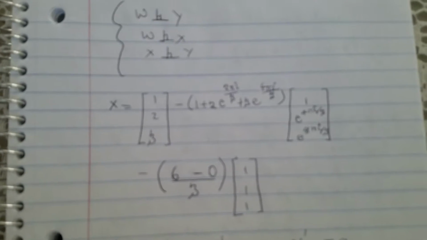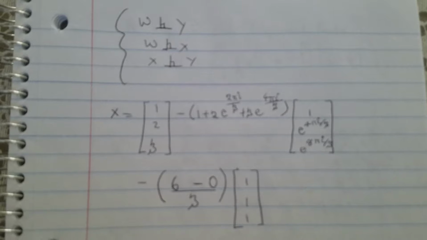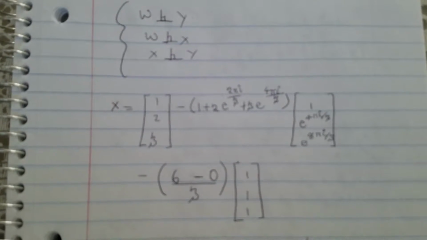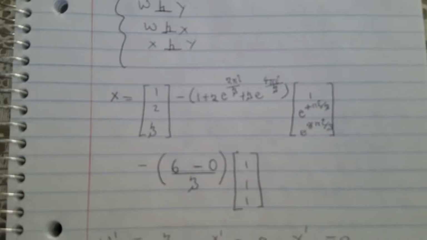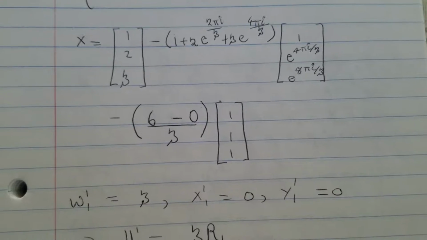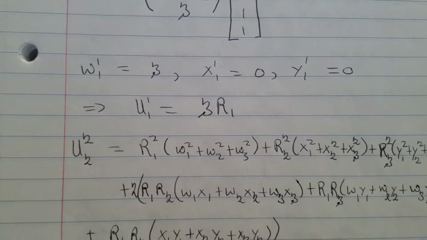So we have these relationships. So W is orthogonal to Y, W is orthogonal to X, X is orthogonal to Y, and this is the simplified form for X.